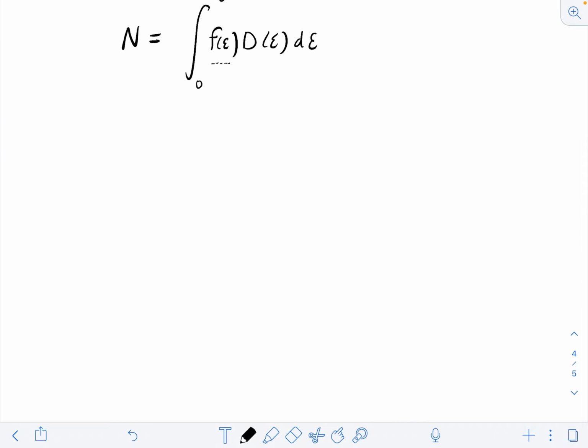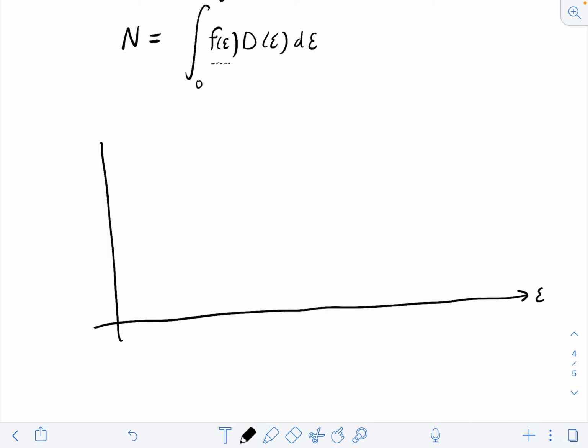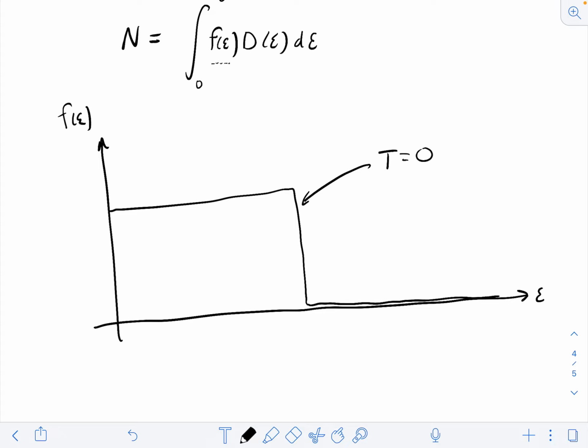Okay. Just adding to our plot of the distribution function, let's draw that same picture again. Here is the t equals 0 situation, and here is the Fermi energy.